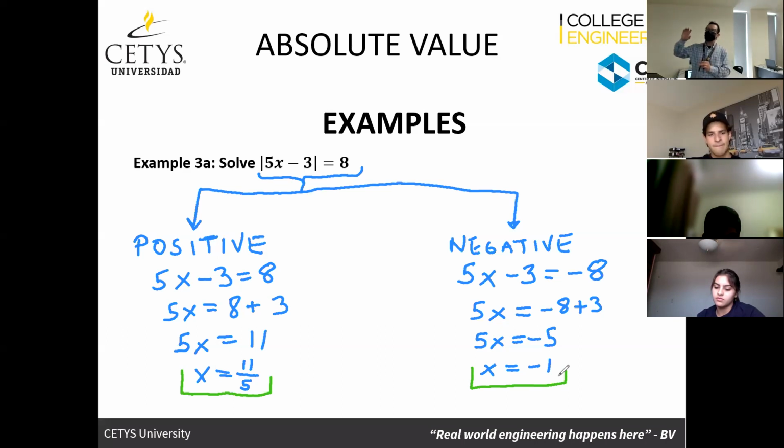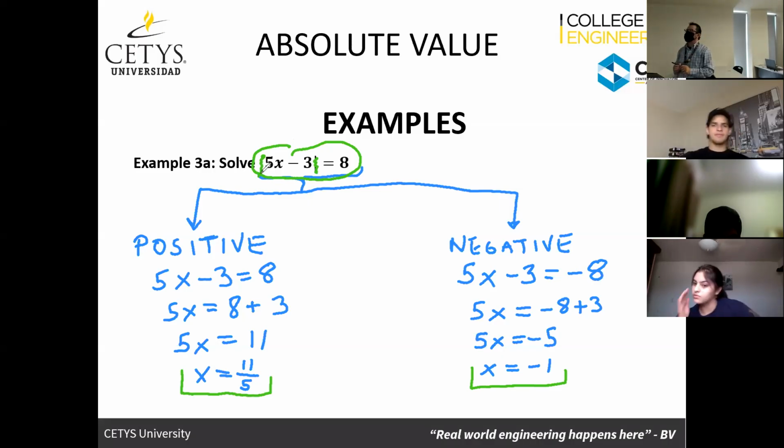Okay. In the case of the positive scenario, Alfredo, the expression is exactly as you have it here, but without the bars. The positive scenario is 5x minus 3 equals 8. You don't have to do anything to it.